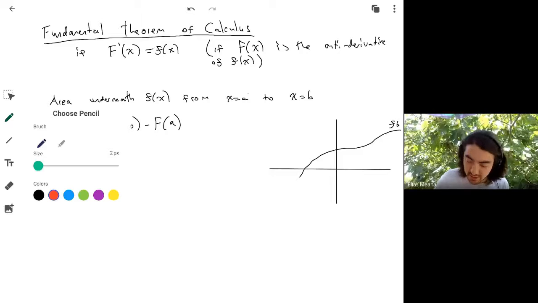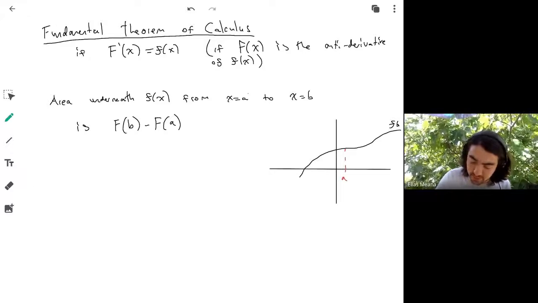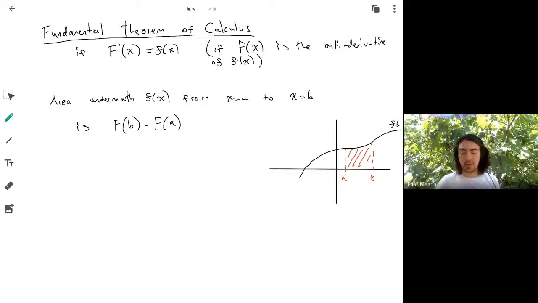All right, so if we have the region from a to b, this is the area that we're calculating. All we've got to do is find the antiderivative of f of x, plug in b, and then plug in a and take their difference.